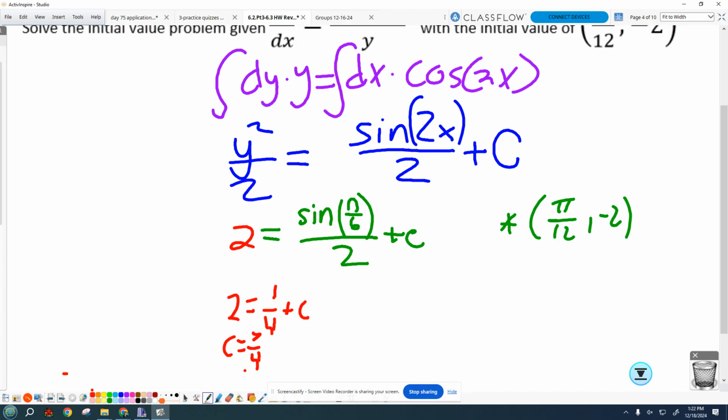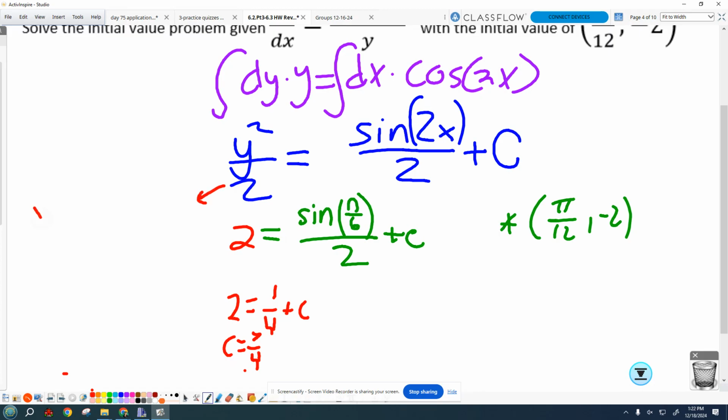This one, I probably wouldn't have plugged in yet. It's not wrong to do that, but it might make this stuff harder. So, he plugged it in. He solved sine of pi over 6 is a half, and a half divided by 2 is a quarter. 2 minus a quarter is 8/4 minus 1/4 is 7/4, so I agree that C is that.